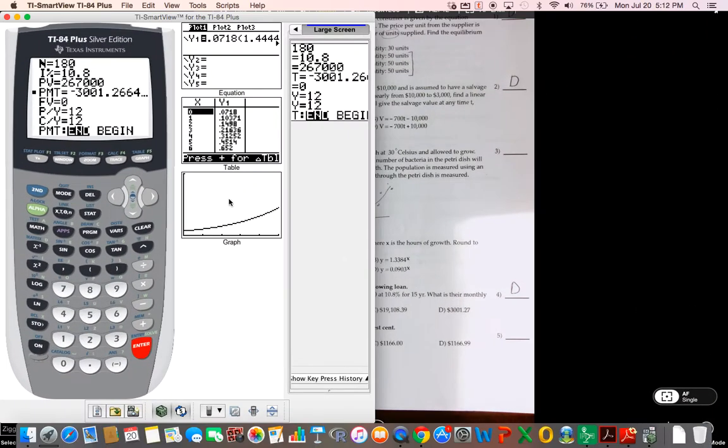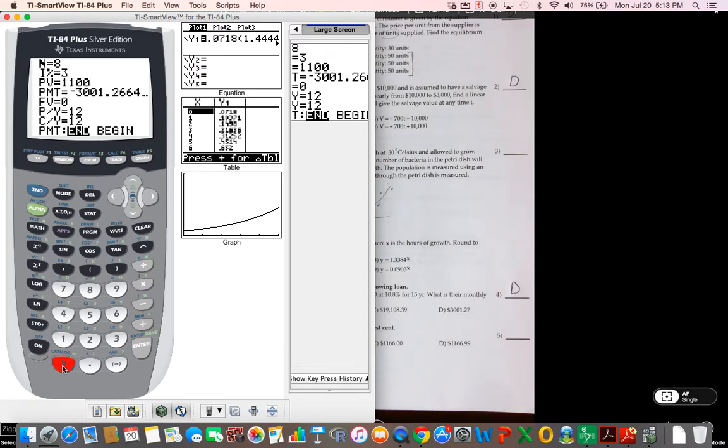Well, guys, again, TVM Solver is the tool for you. So let's just go up to the top and change everything. So we have compounded quarterly for 2 years. We have an interest rate of 3%. We start out with $1,100.